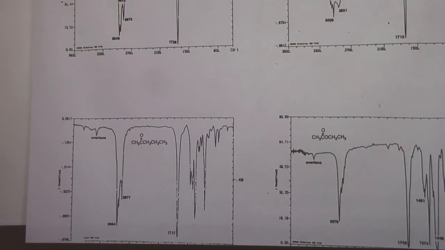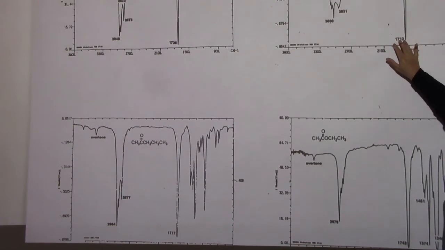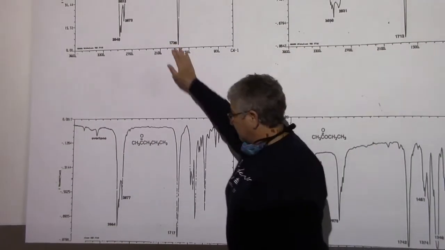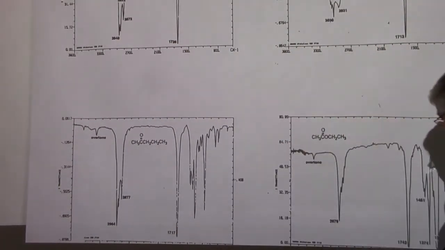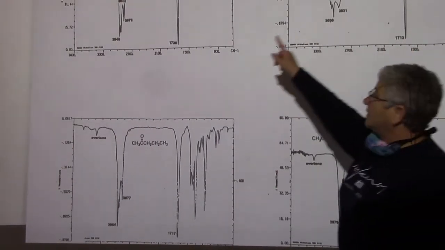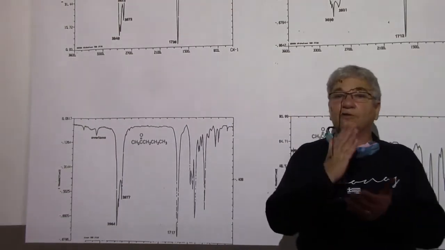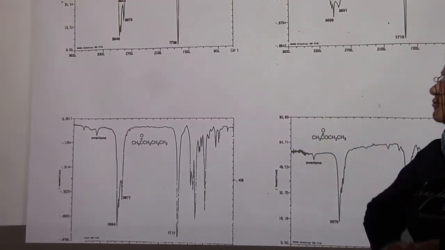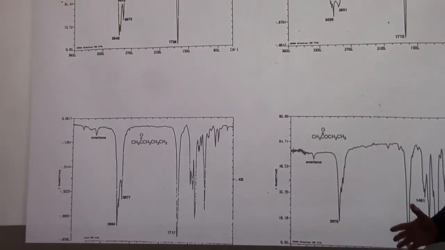And hopefully you've looked at your spectra now and you can see that this peak around 1700 and in the 17s is in all of them. This peak in all of them is the carbonyl group. The carbonyl stretch is very distinctive in a spectrum.